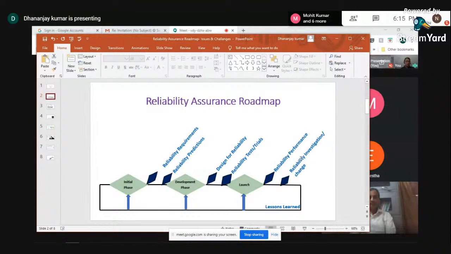A lot of work needs to be done in this area. People have started to collect a lot of data, but how do you use it to make the product more reliable, or to improve availability? That part is still lacking in the industry.